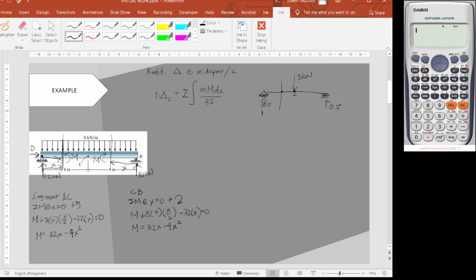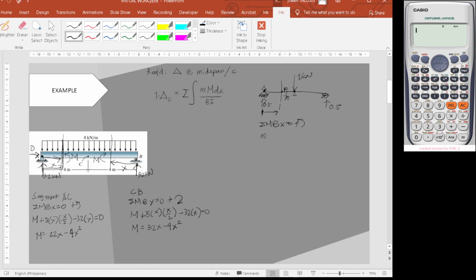If you cut AC, make sure the direction is from left to right, same with the capital letter M. Assume small letter m is positive, counterclockwise. Summation of moment at x is equal to 0, positive counterclockwise.